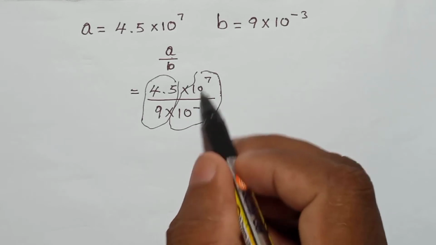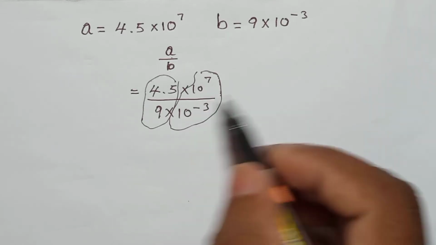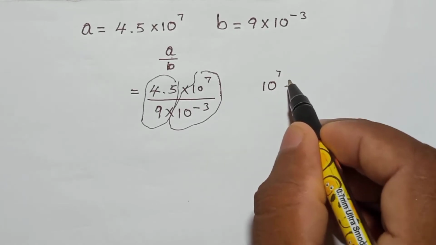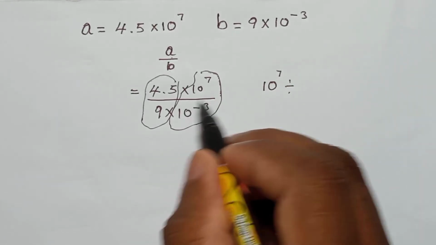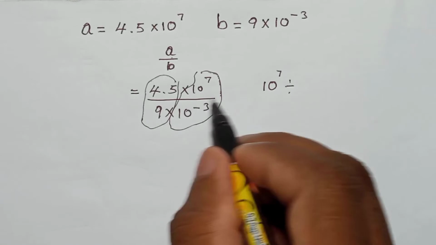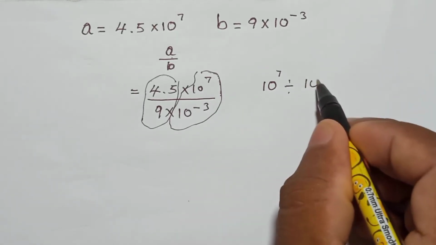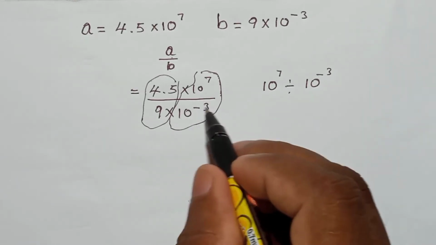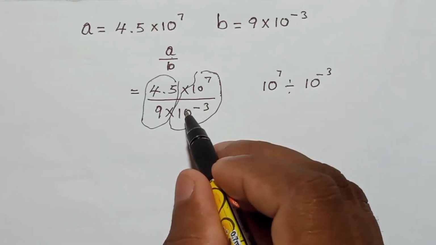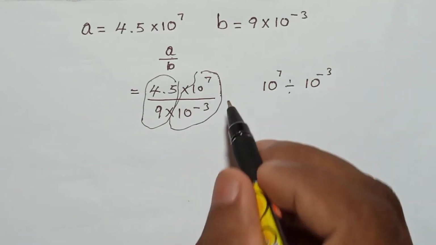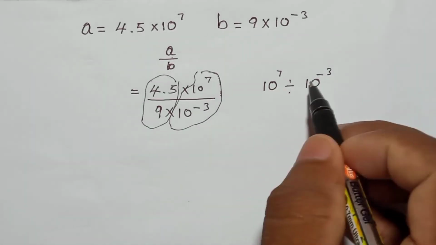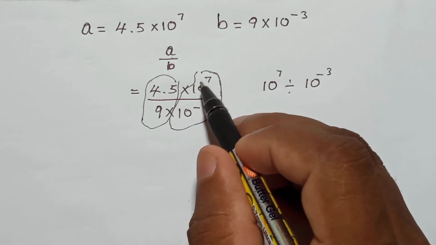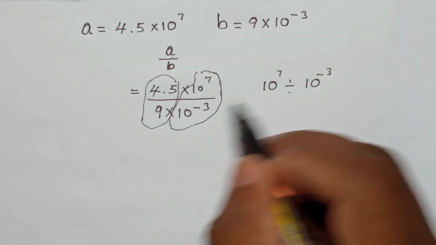Now here is one basic idea: 10 to the power 7 divided by 10 to the power negative 3. This line represents division. There's another way also we can do this, you can bring 10 to the power minus 3 up, but I will show you with this method.